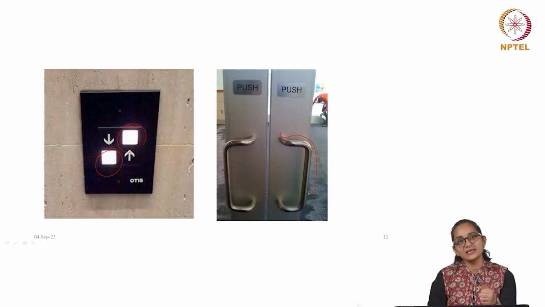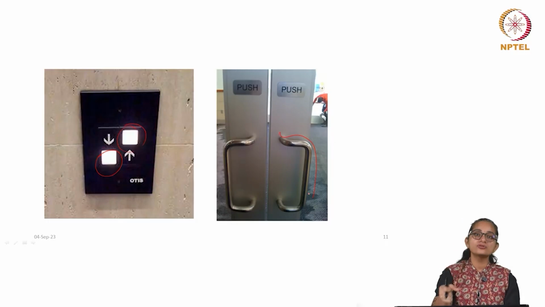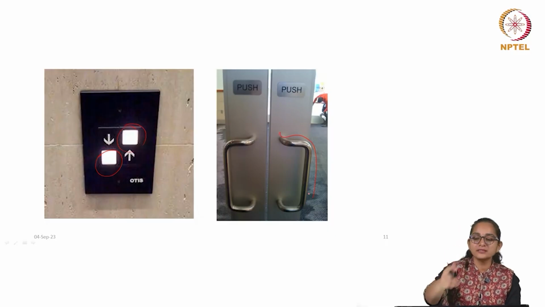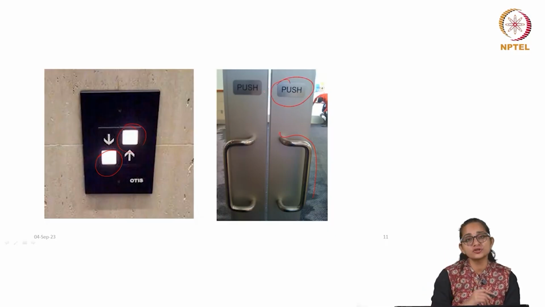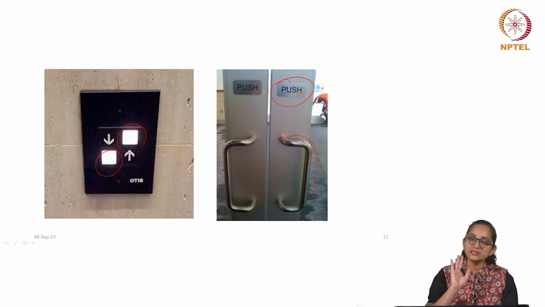The moment you see a door handle which is jutting out, you try to pull it. However, in this case you can see that it is a push door. If it is a push door, then actually there is no need for a handle, because you can push it just with your hands.